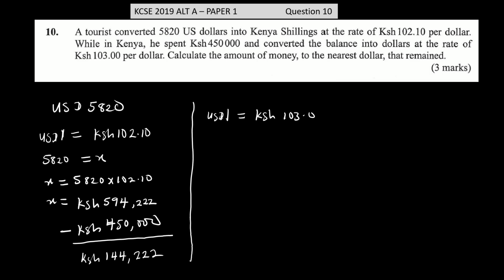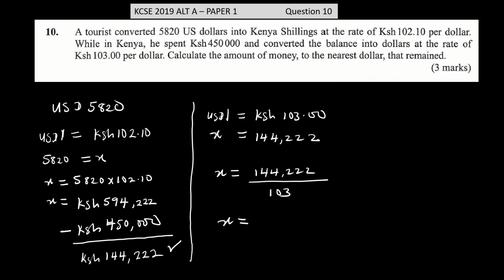So let's convert this amount back to dollars. So x dollars will now be equal to 144,222, and x will be equal to 144,222 Kenya shillings divided by 103.